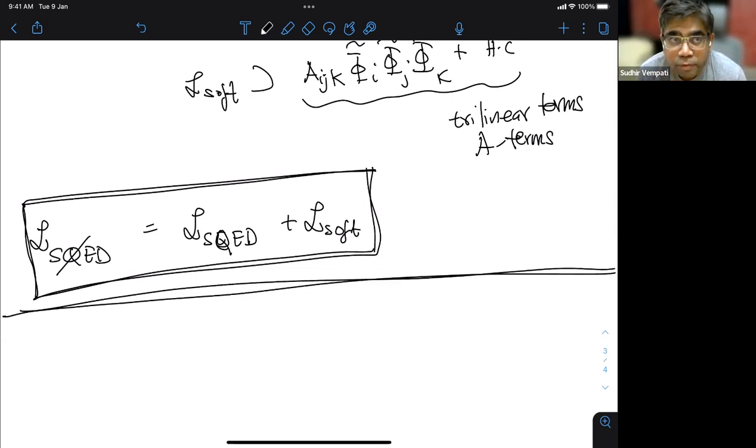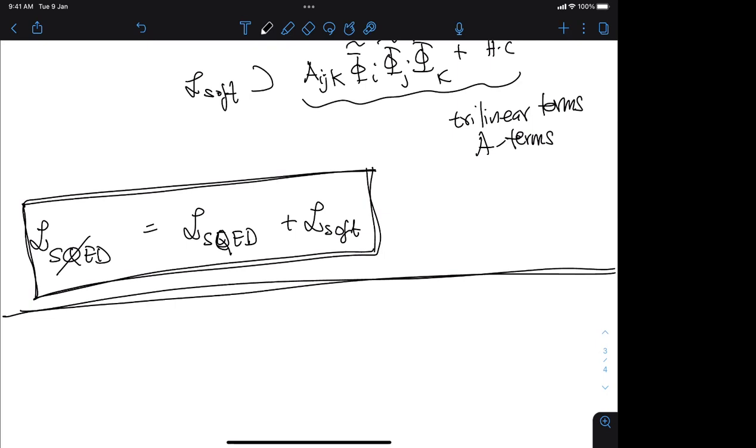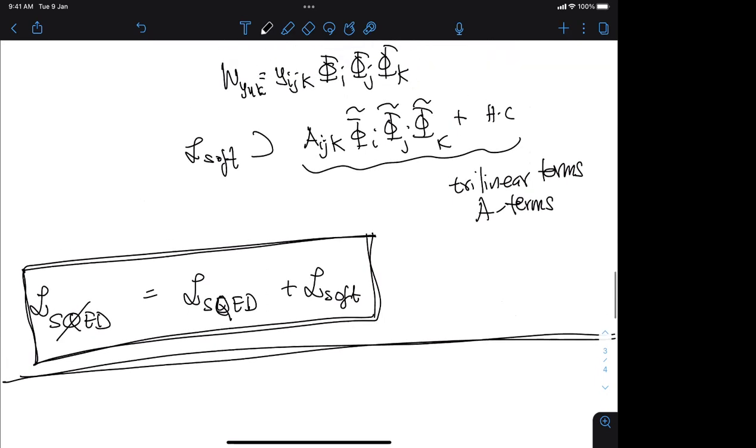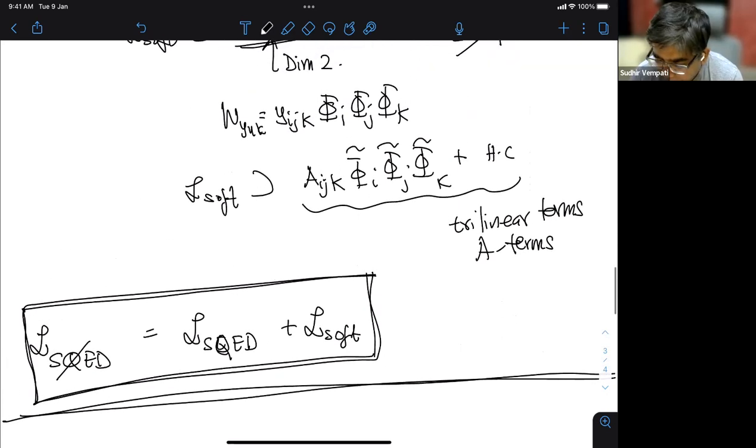In these trilinear terms, all these superpartners should have charges that cancel to make the term gauge invariant, right? Only then can we write such a term.